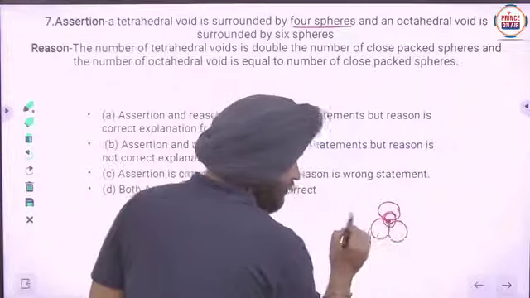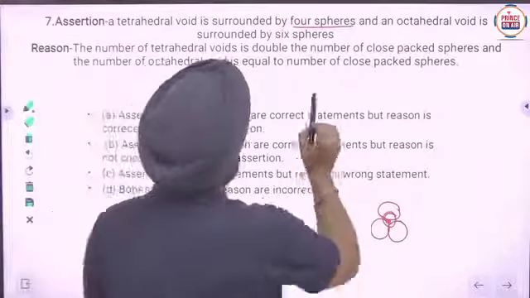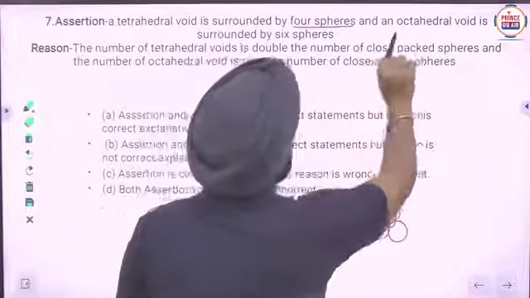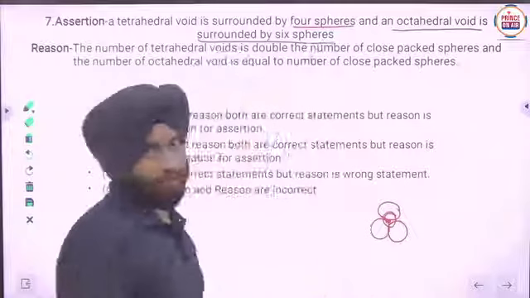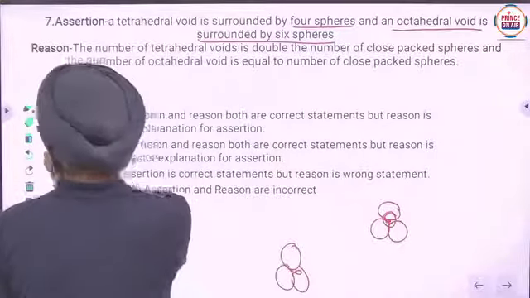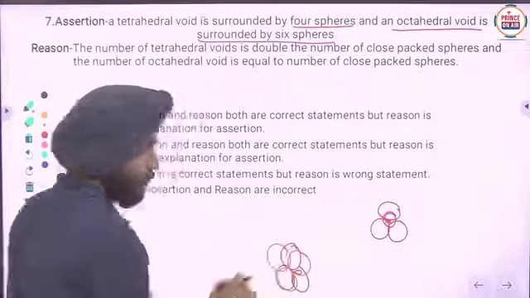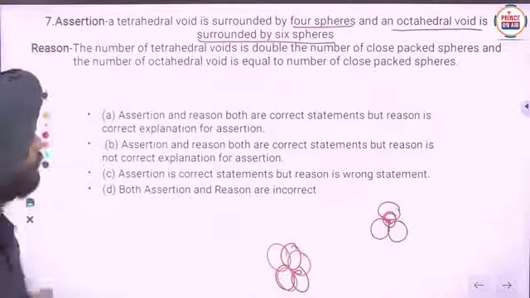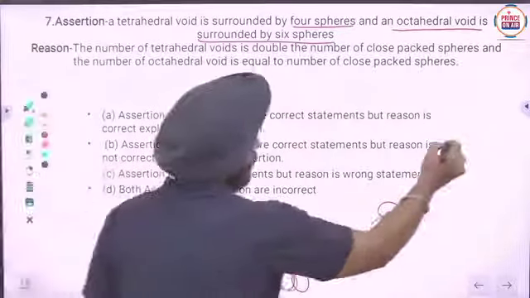So that is a tetrahedral void and it is surrounded by 4 spheres, and the octahedral void is surrounded by 6 spheres. That is also right. Remember that. So that statement is correct, which means the assertion is correct.